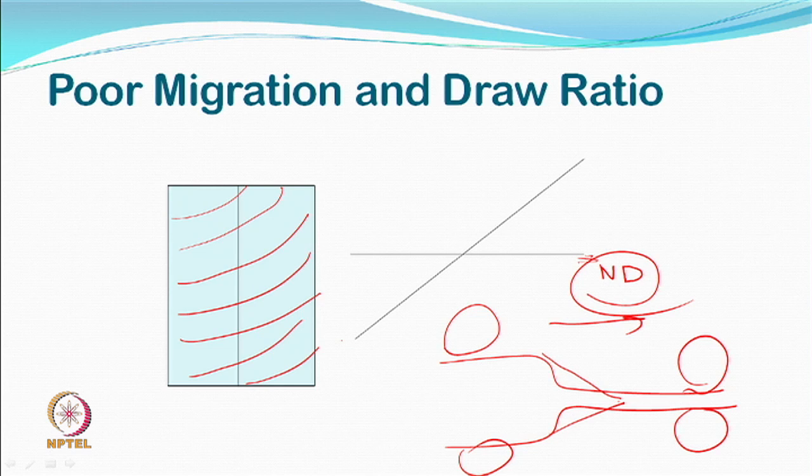So, pulling was not as nice as you would have loved, and the yarn was also being presented at the point probably like this, like this, maybe like this. So, still not in parallel. All of them lead to a material which is going to give you poor strength, poor migration, and not the best way to draw.